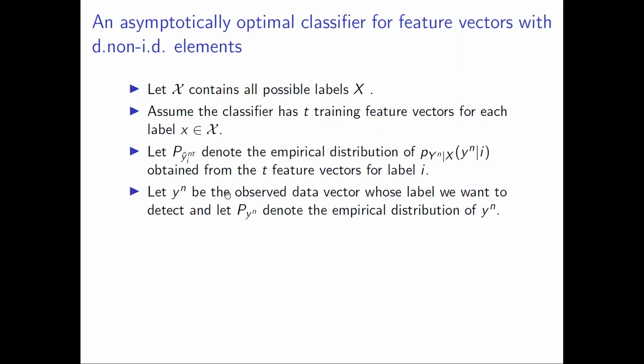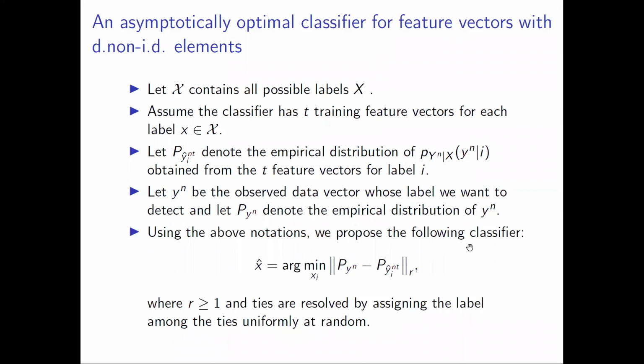Now the classifier receives this outcome y_n, so small y_n is the observed feature vector whose label the classifier wants to detect. Let's assume that the classifier makes an empirical distribution of y_n and denotes it like this. And then we have proposed the following classifier.